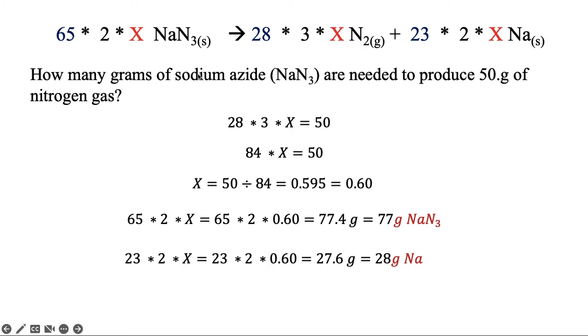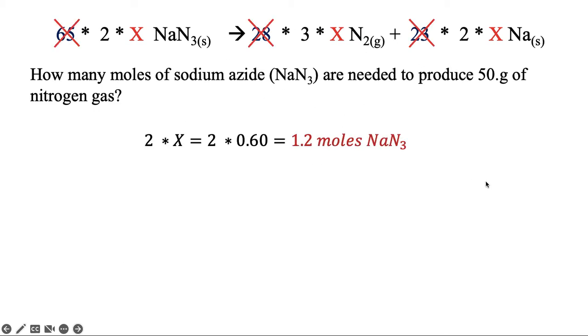Now, I don't necessarily have to end up with grams of sodium azide. I can also just calculate the amount of moles for these other compounds. If I just need to figure out how many moles of sodium azide are needed to produce 50 grams of nitrogen gas, I don't need to multiply by the molar mass.